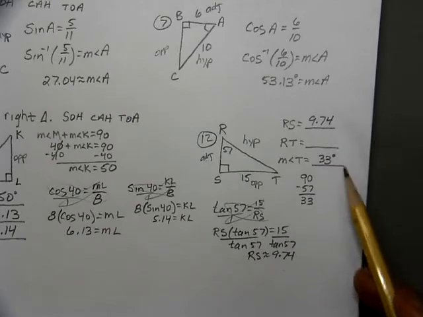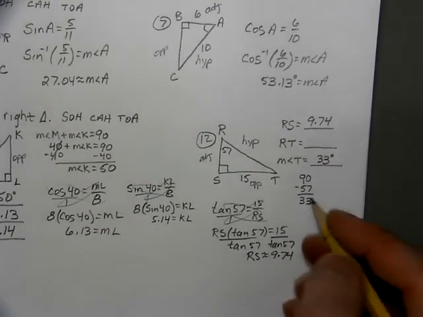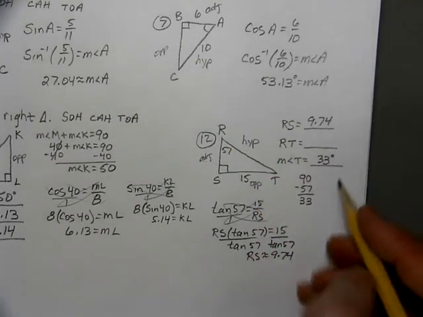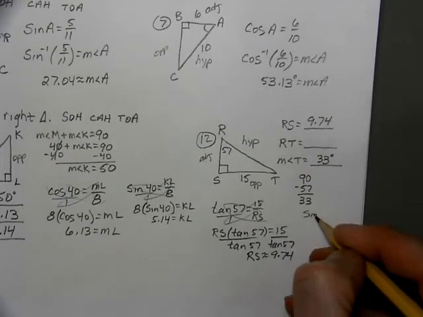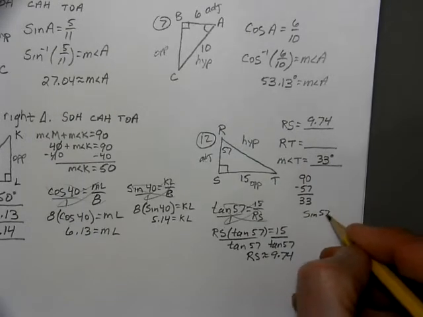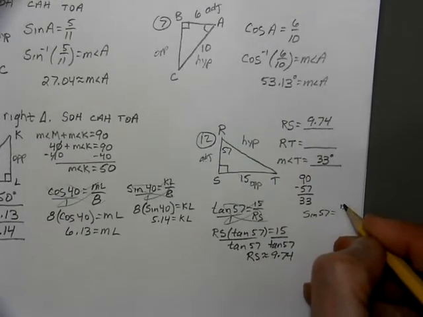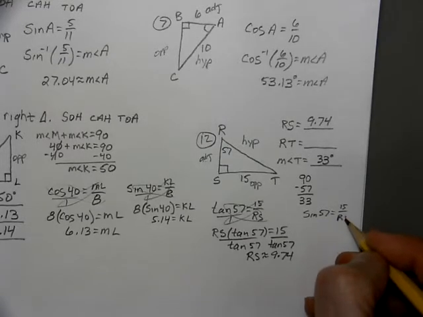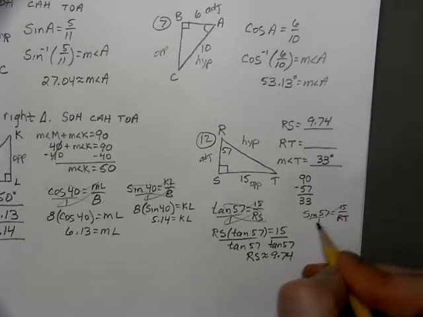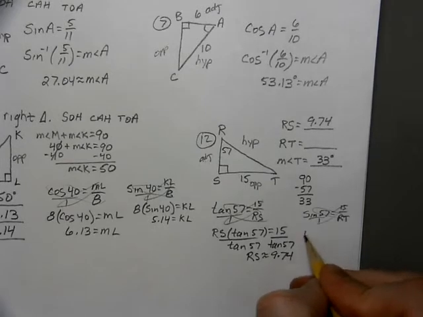To figure out the hypotenuse, which is RT, we're going to use opposite over hypotenuse, which is the sine of 57 equals the opposite over RT. Cross multiply.